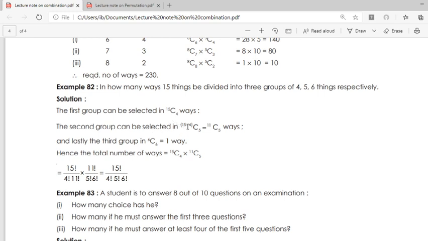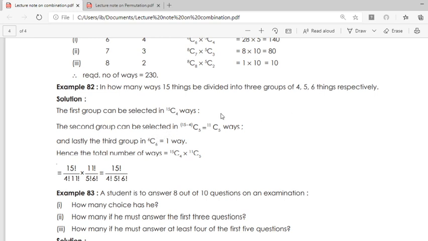The second group, you have a selection in the box. You have taken 4 already from it. So you are now left with 11. So in how many ways will you pick 5? That will be 11 combination 5.